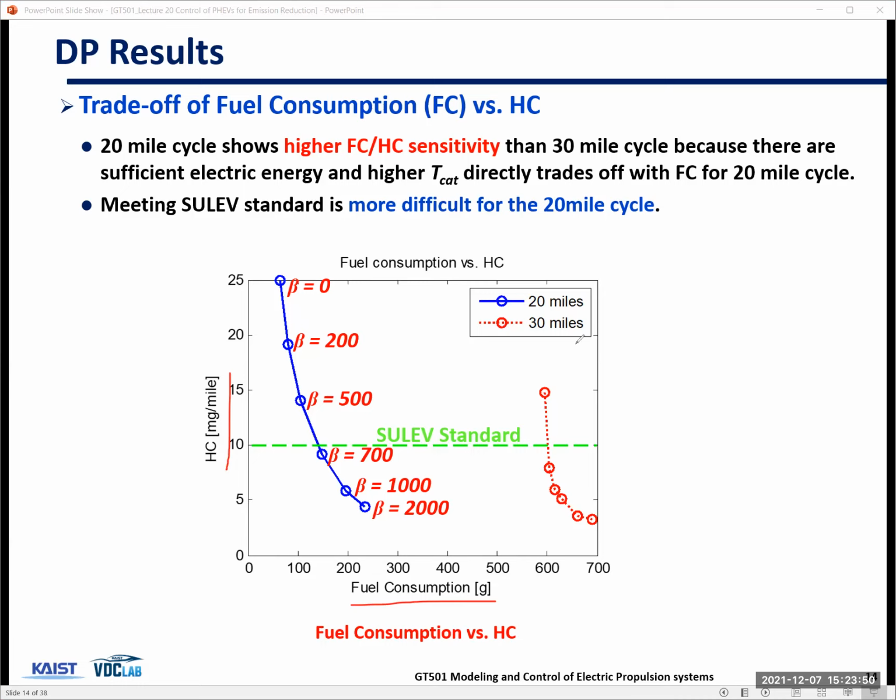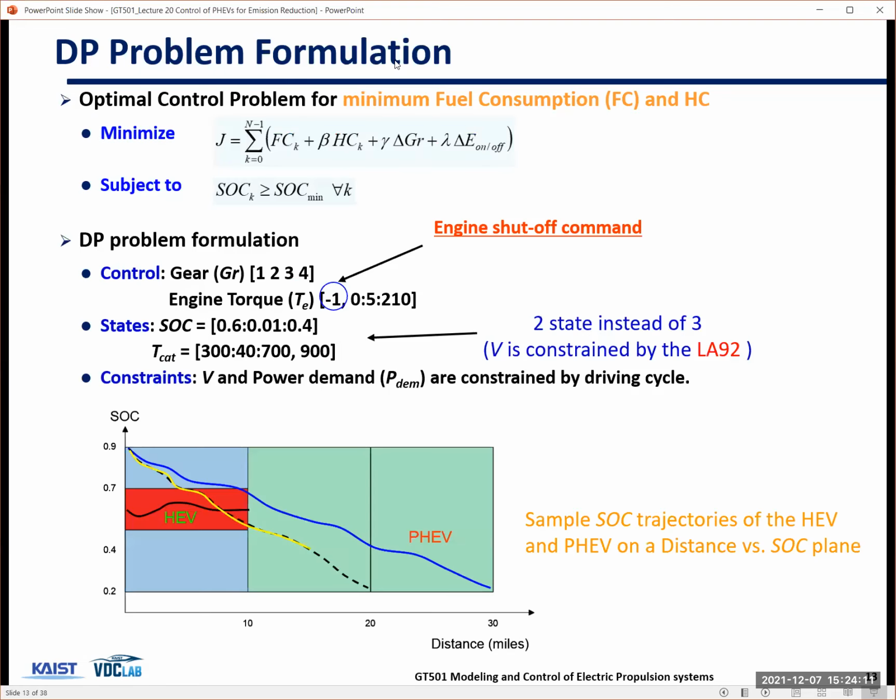So what this means is if you make beta equal to 0, so if you neglect emission, then your fuel economy is optimized, right? But as you increase beta, which is this term, right?